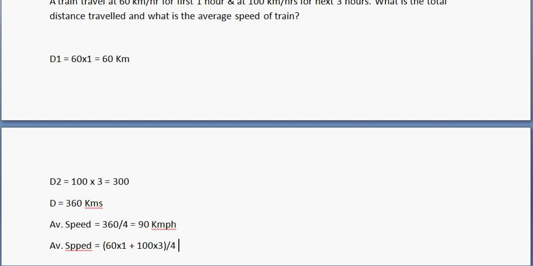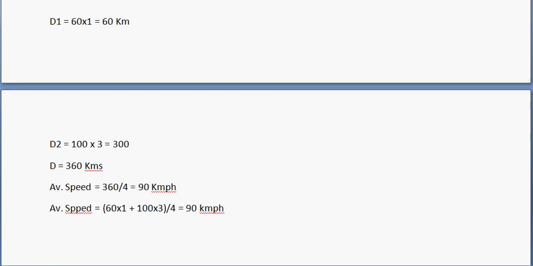So average speed is the weighted average of the speeds, where weights are the time taken. So this again comes out to be 90 kmph, right? So this is the basic definition of average speed. The question was very simple. You would not expect such questions in CSAT or in any other competitive exam. Questions in competitive exams are much more difficult.